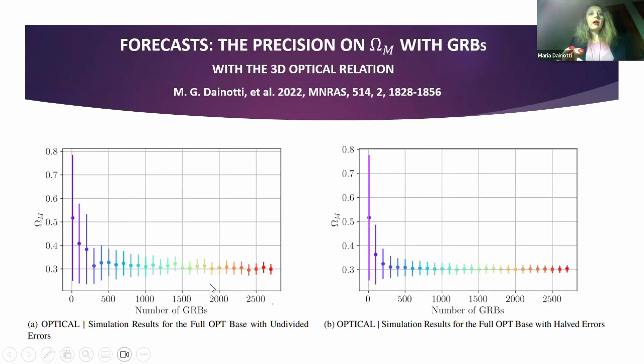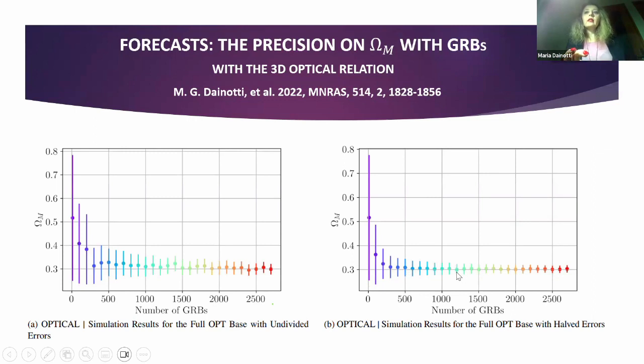And you can see that with around 2000 GRBs, or even less than that, you can have very small uncertainty on omega m, so a very good precision. However, if you consider a sample in which this is reduced, then the uncertainty is reduced by half.